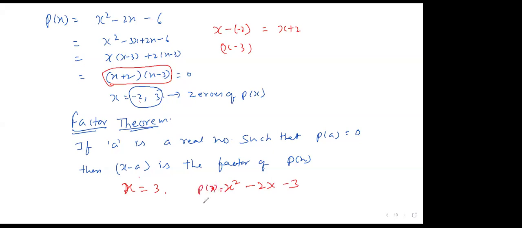If we put x equals 3, then we have 3 square minus 2 times 3 minus 3. That means 9 minus 6 minus 3. So this becomes 0. If the value of x, which is 3, makes the polynomial 0, then we can say x minus 3 is a factor of the given polynomial. Did you understand? Yeah, I understood. And this comes under the factor theorem.